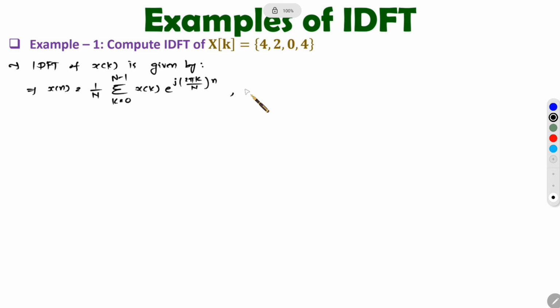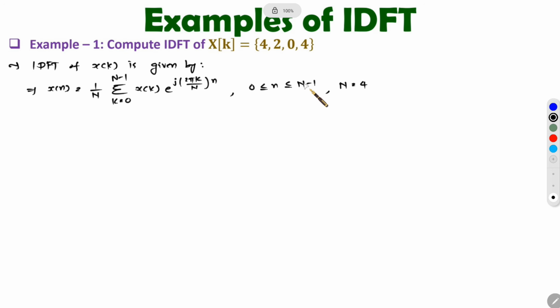So here this small n is also ranging from 0 to capital N minus 1. Here you can observe we have 4 points, so this capital N equals 4. So this range is from 0 to 3, and this small n is also ranging from 0 to 3.